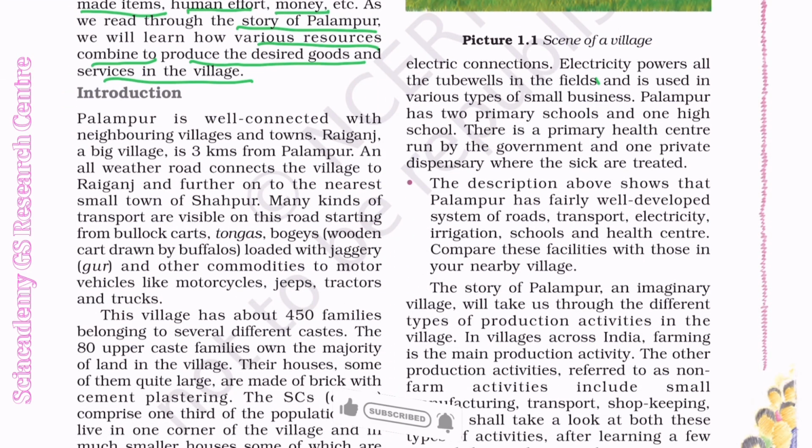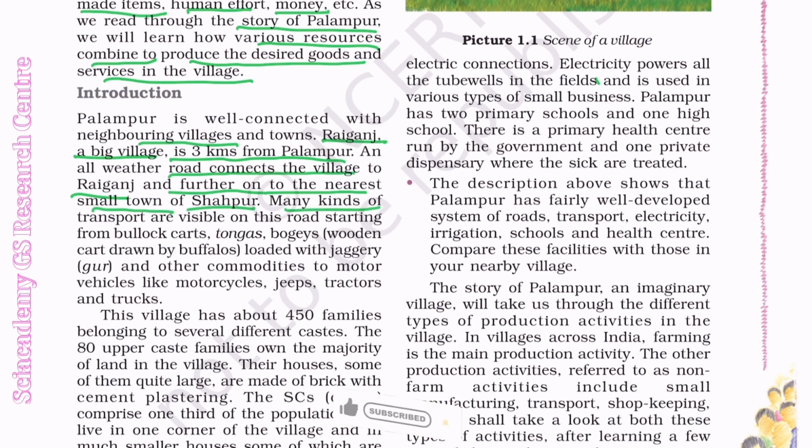Introduction. Palampur is well connected with neighboring villages and towns. Raiganj, a big village, is 3 kilometers from Palampur. An all-weather road connects the village to Raiganj and further on to the nearest small town of Sahapur.